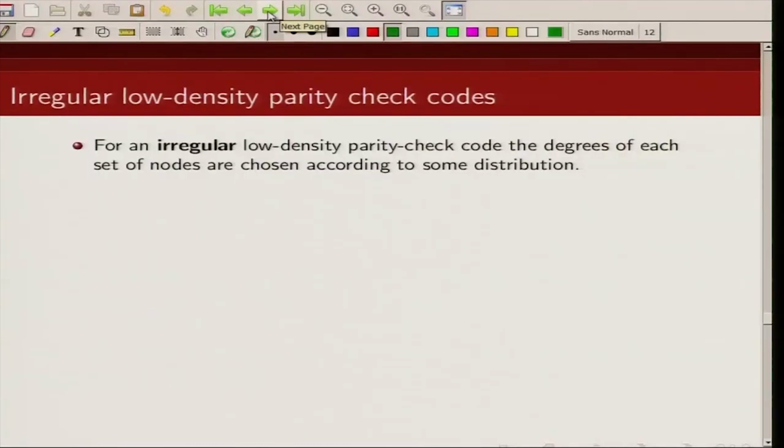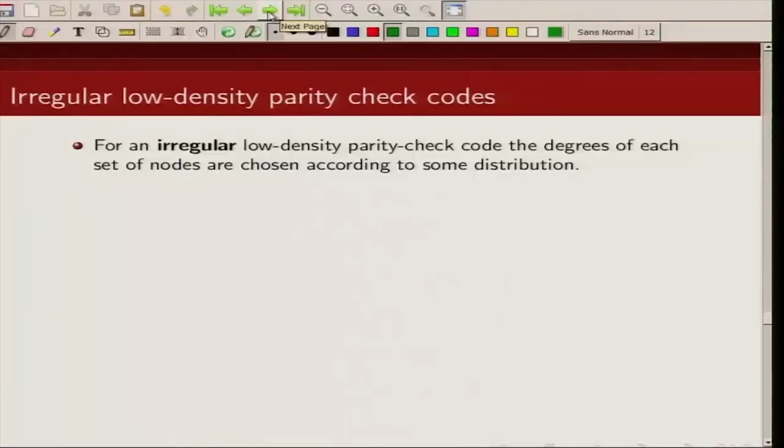Now, let us talk about what is an irregular LDPC code. In an irregular LDPC code, as opposed to a regular LDPC code, the number of ones in each column and the number of ones in each row are different. So, we will have to specify the degree distribution, the column node distribution as well as the row node distribution.